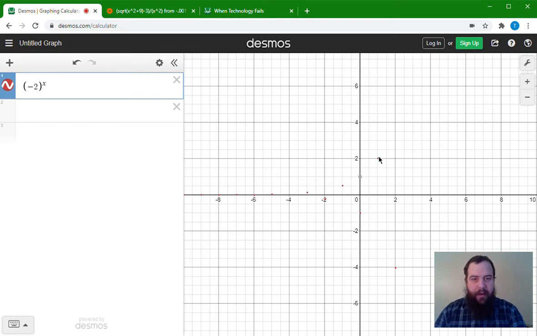Can we even figure out where these points are? Oh, that's weird. It thinks that -2 to the power of 0.2, which is 1/5, is negative 1.149, but it didn't draw a dot there. This is very strange.